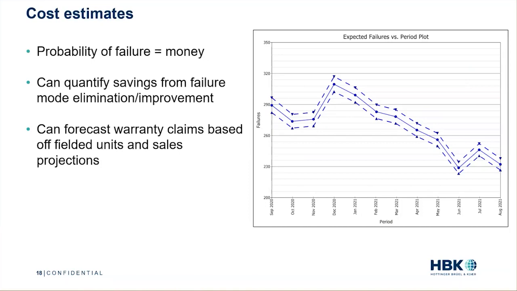So, for example, if we find that our current battery pack design is going to result in between 2 and 8% failure at the warranty period, 8 years, then we can multiply that by a replacement cost and units sold to literally quantify what we expect to expend in terms of warranty if we launch with our current design.